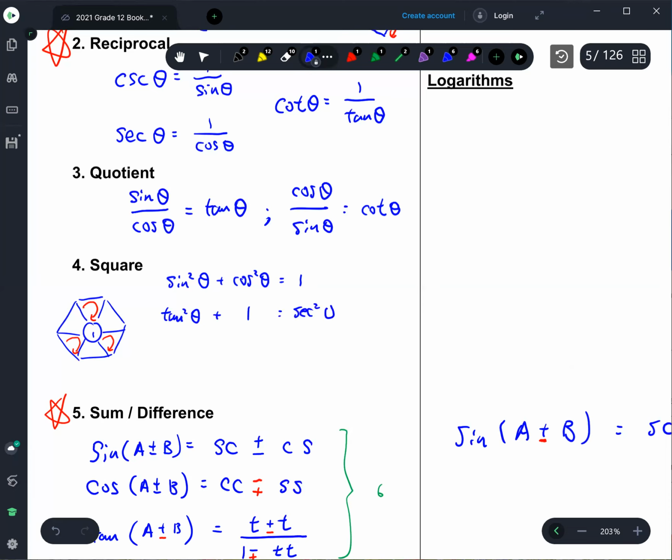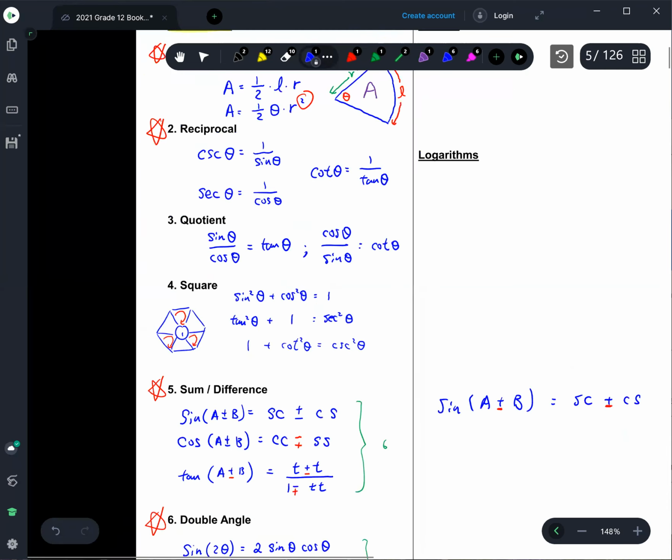That's from the second triangle, the left corner. And then the last one, Calum. 1 plus cotangent squared theta is equal to cosecant squared theta.